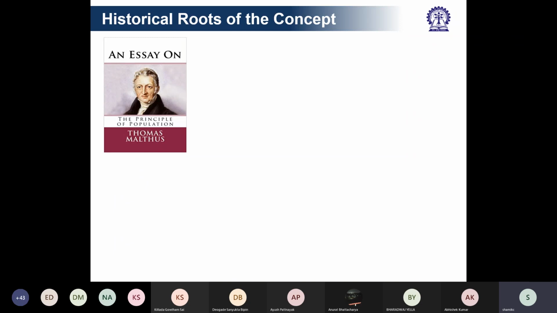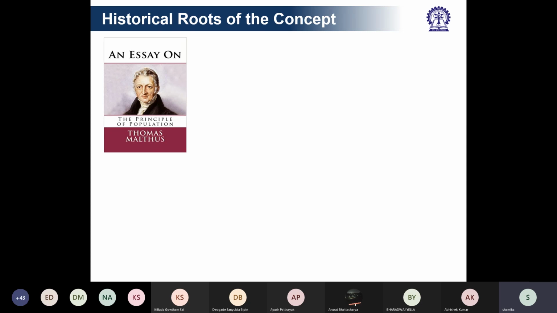He was none other than Thomas Robert Malthus. So Thomas Robert Malthus, in his essay on the principle of population in 1798, stated that the world's population would eventually starve, or at the least live at a minimum level of subsistence, because food production could not keep pace with the growth of population.